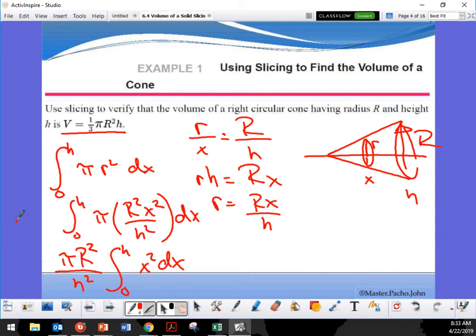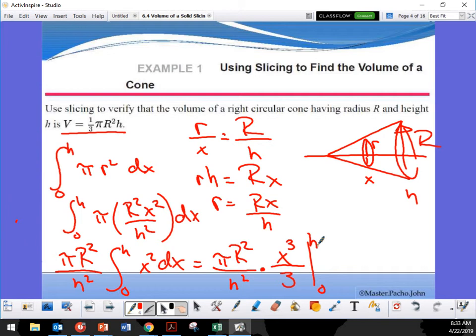And now we take an integration, right? So we're taking an integration of that, so it's going to be x cubed over 3, right? So we have pi r squared over h squared times my integral, which is going to be x cubed over 3 from 0 to h.